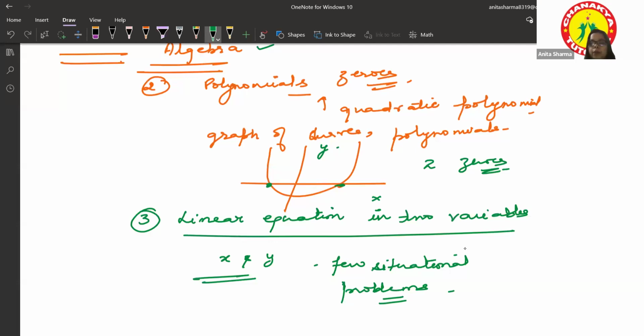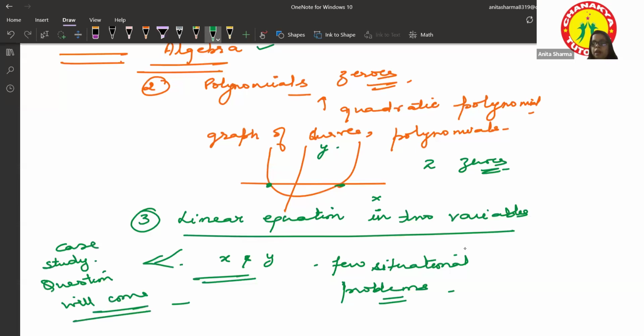Children, one more thing from this chapter: a case study question will come in the board exam. It has been asked so many times.